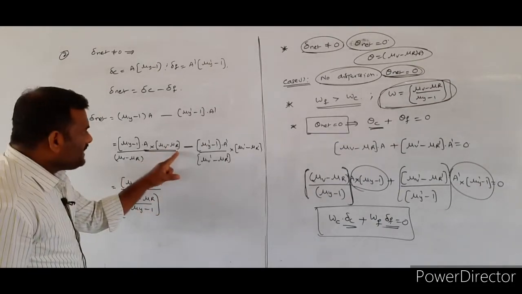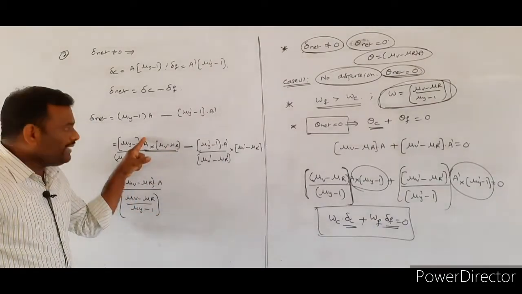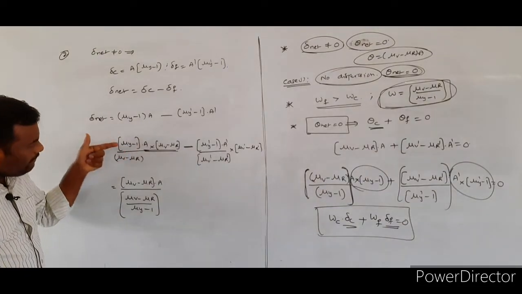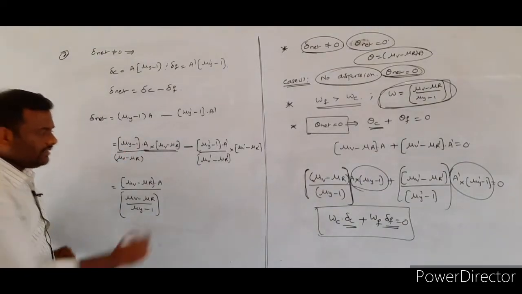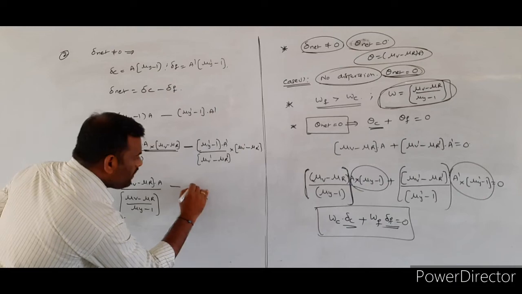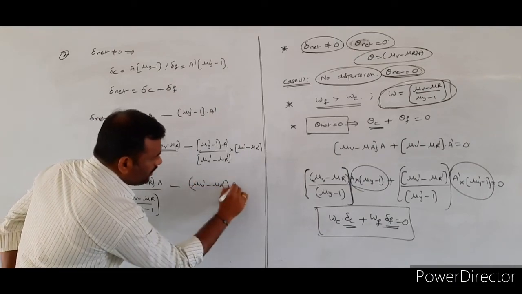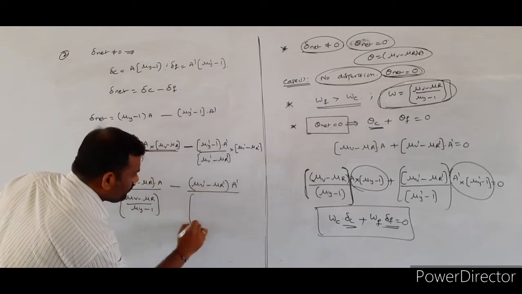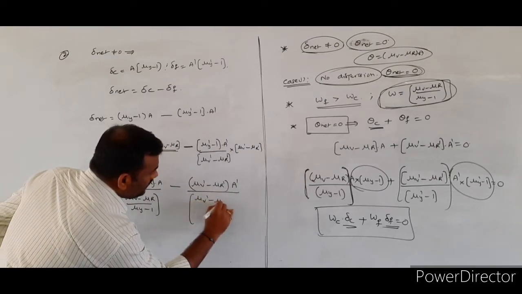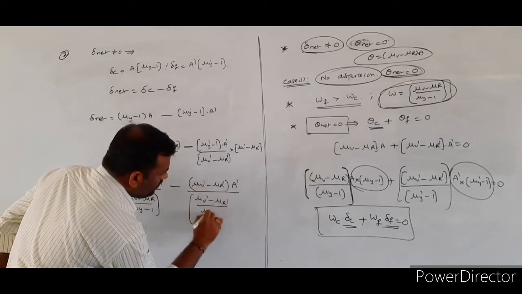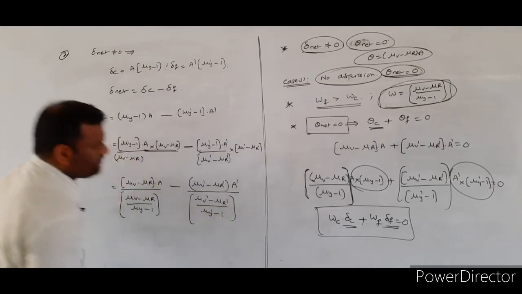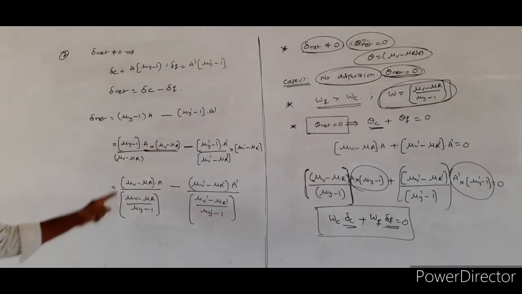So mu v minus mu r into a will be kept in the numerator, and only this term will be brought towards the denominator. Again here also, mu v dash minus mu r dash into a dash by mu v dash minus mu r dash by mu y dash minus 1.